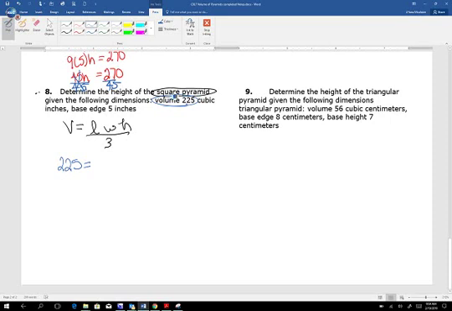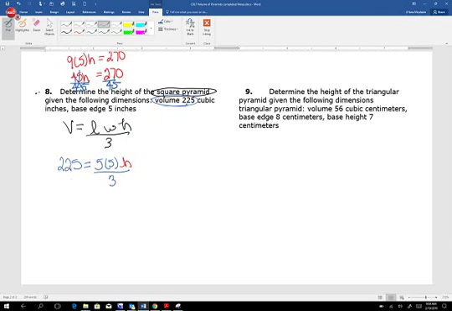It is a square pyramid, so that tells me the length and the width are the same. And it says it's 5 inches, so I would do 5 for the length, 5 for the width, and the height is what we are looking for. This all needs to be divided by 3.